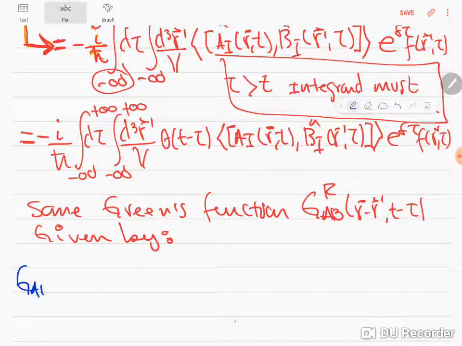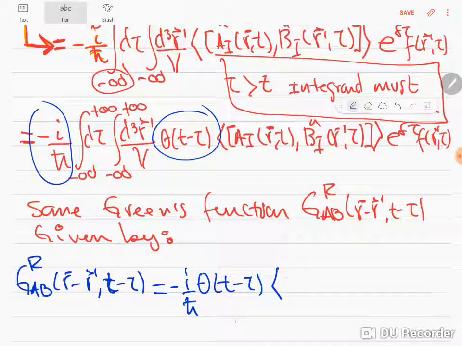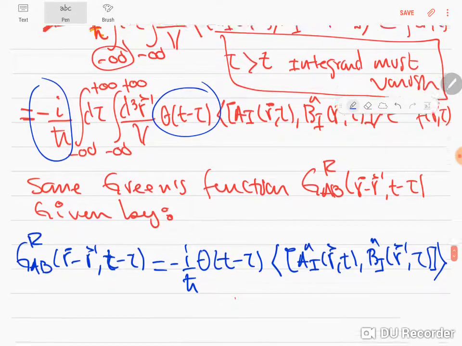G_AB retarded of r minus r′, t minus τ, equal to minus i over ħ, now this theta of t minus τ, times the expectation value of the commutator between A_I evaluated at r and t with B_I evaluated at r′ and τ, close commutator, close expectation value.